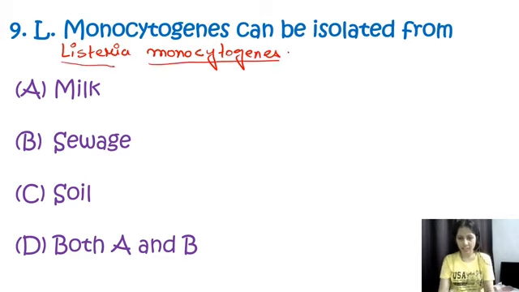Actually it is a bacterium that can be found in various environments like milk or sewage. It's a foodborne pathogen capable of causing illness in human beings, particularly those who have weakened immune systems. So the correct option is both A and B. They can be isolated from milk as well as from sewage.